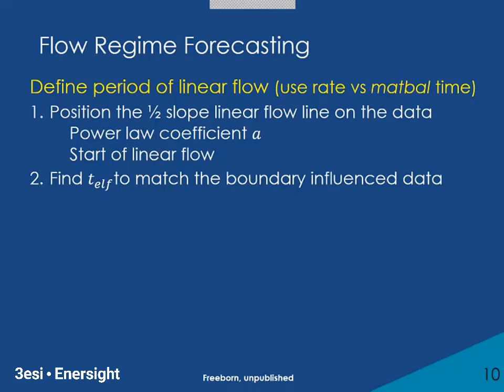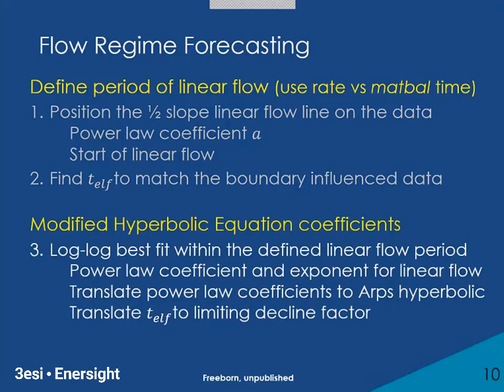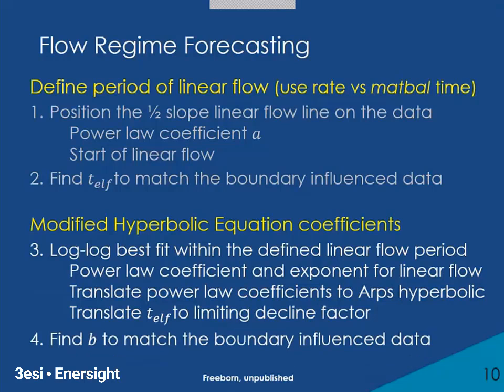Then we switch to rate time. And in rate time, we do a log-log fit of the data within linear flow. And that gives us all the coefficients that we need for rate time to figure out our hyperbolic equation. And then we finish that by finding the b-value for the post-linear flow period.